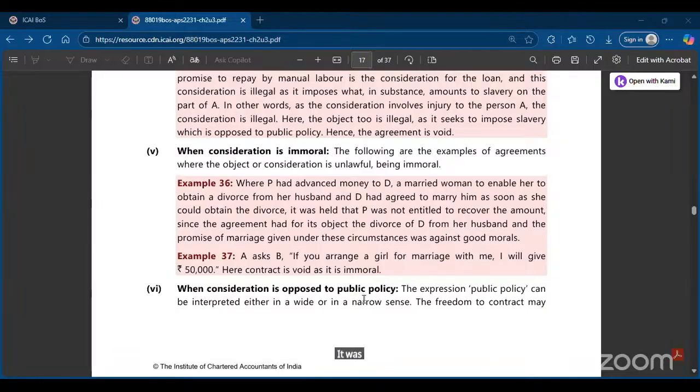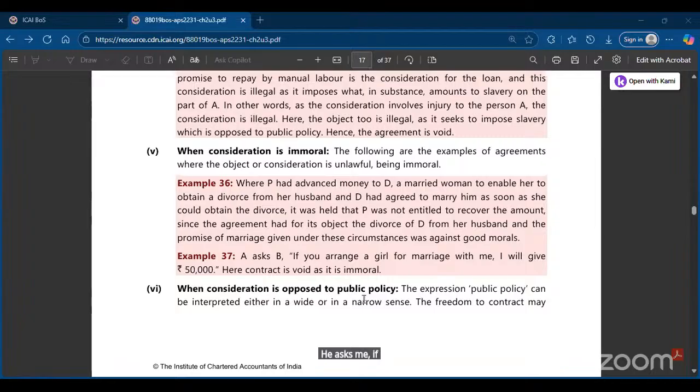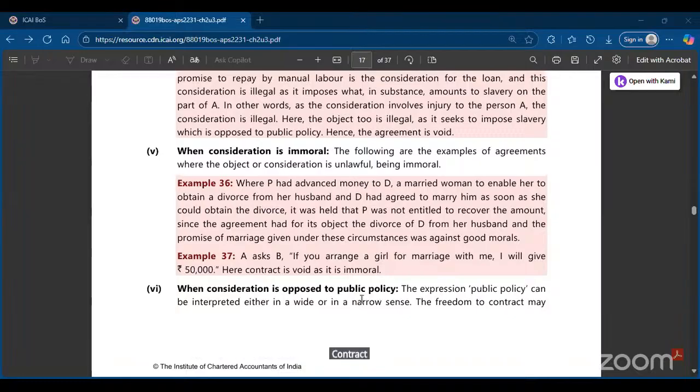It was held that P was not entitled to recover the amount, since the agreement had for its object the divorce of D from her husband, and the promise of marriage given under these circumstances was against good morals. A asks B, if you arrange a girl for marriage with me, I will give you 50,000 rupees. Here, the contract is void as it is immoral.